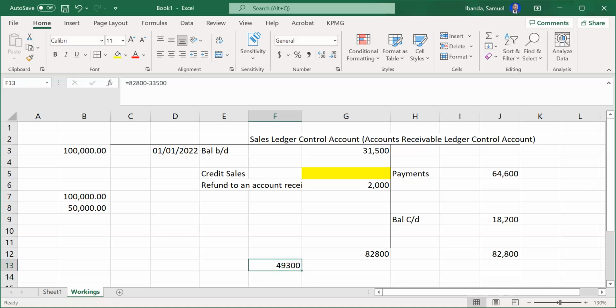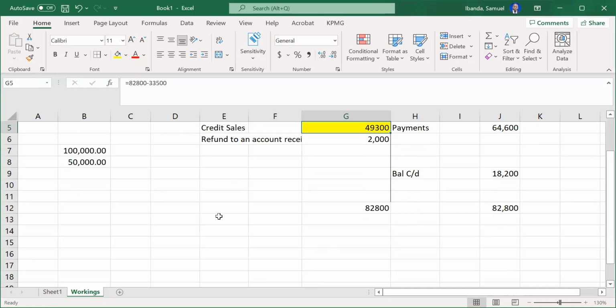Are you getting a similar value there? 49,300. So I'll just copy that and put it there. So this is my credit sales.